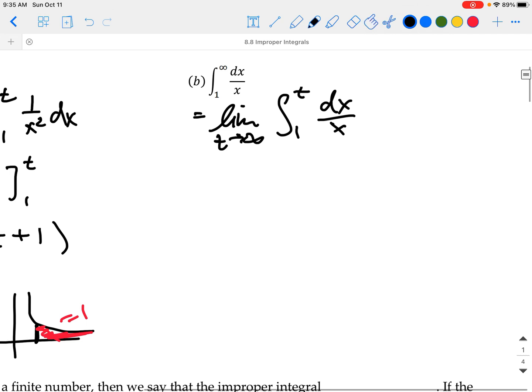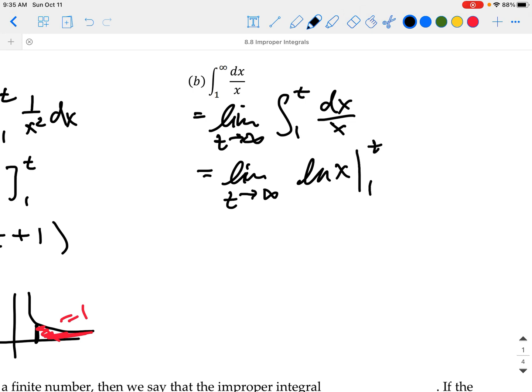So for b, we'll do the same thing. We'll get the limit as t goes to infinity. Now our integral is going to be natural log of x from 1 to t. So we'll get the limit as t goes to infinity of the natural log of t minus the natural log of 1, which is just 0. So we really just end up with this natural log of t expression.